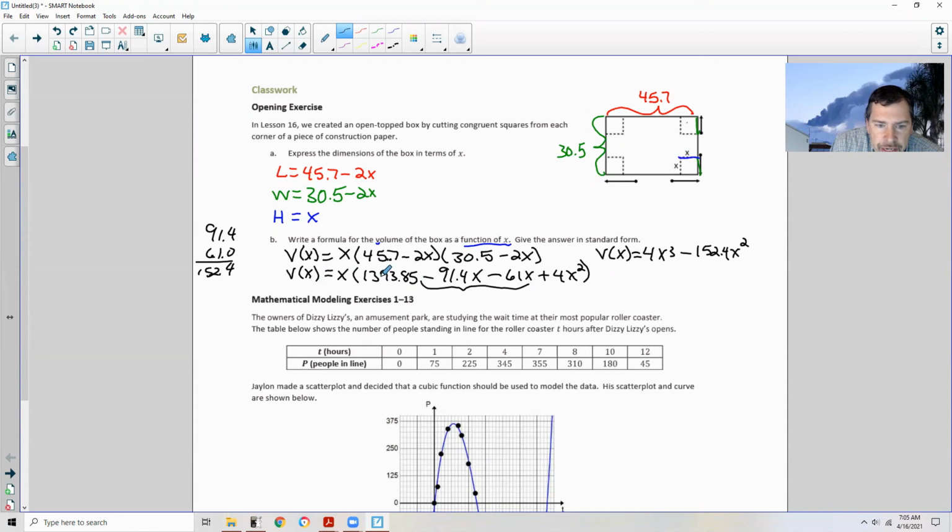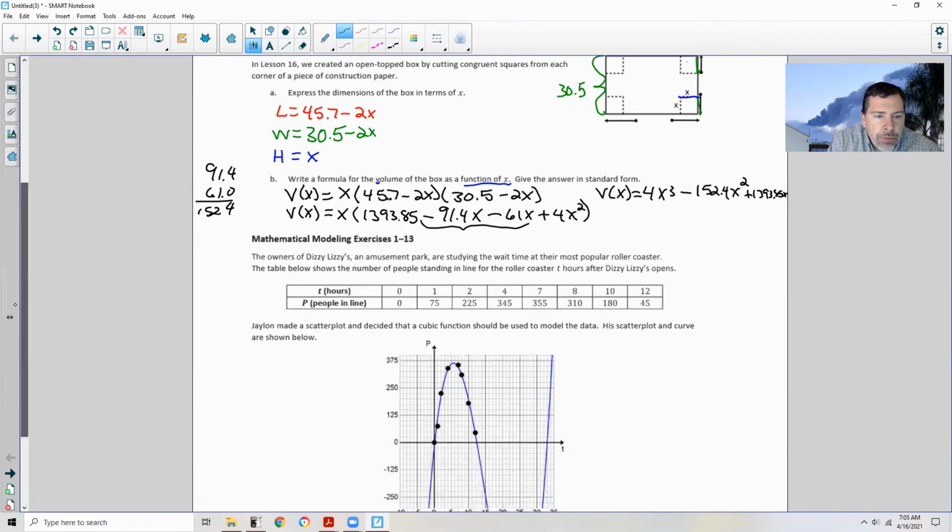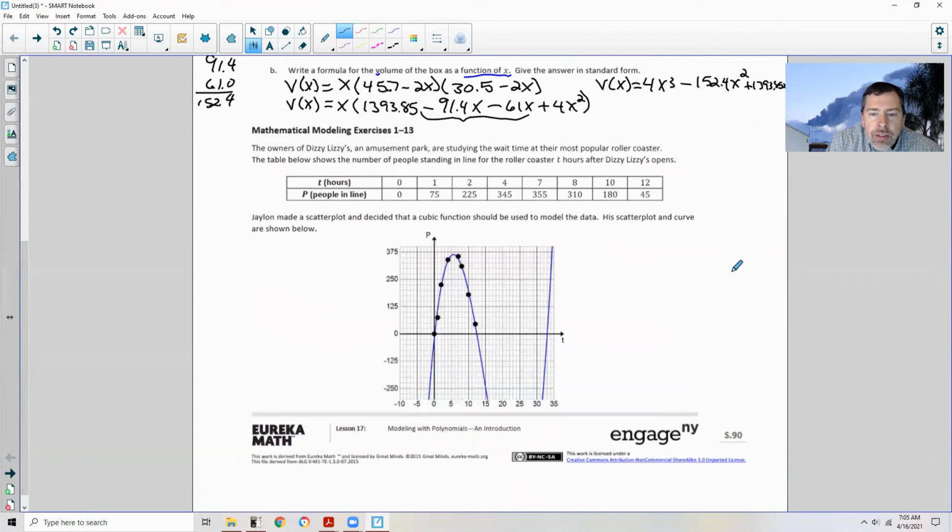And then finally, the x times the linear is just going to be plus 1393.85x. So there's our polynomial function: 4x cubed minus 152.4x squared plus 1393.85x. Okay, so there's the volume of that rectangular prism.